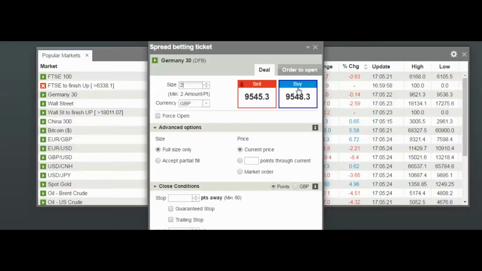If you get it wrong and it falls by 200 points, then you're going to see a minus of £400. So each point movement is what you need to look at to see how much this could shift around. With IG they will give you a minimum amount per point anyway.